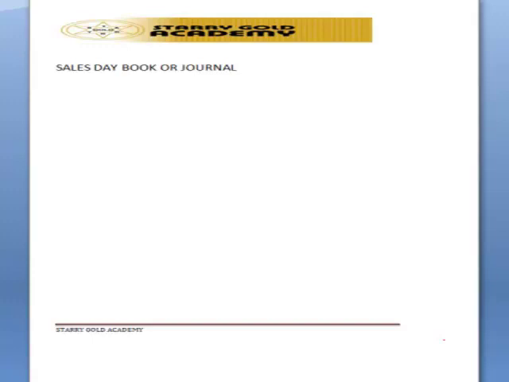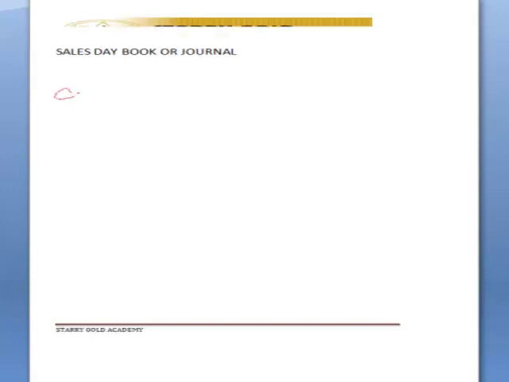The seller will enter the sales journal from the sales invoice. So how does posting look? By the time we draw up a sales journal, the total of sales in the sales journal will be transferred to the credit side of the sales account.